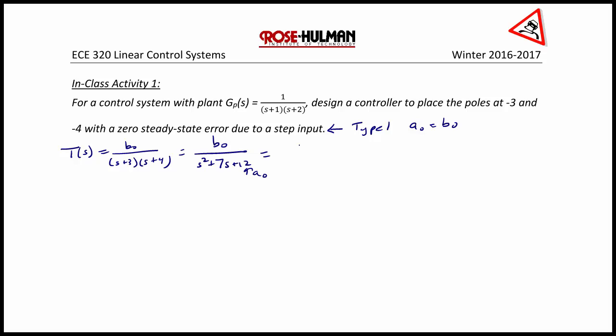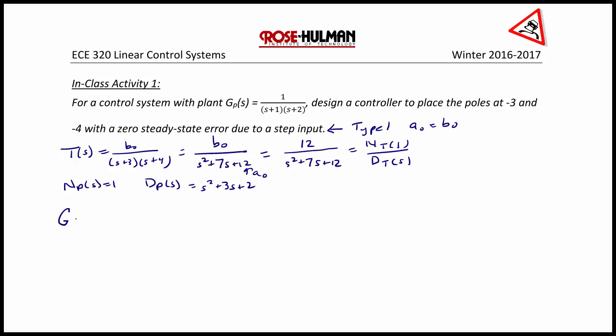So, since A0 must equal B0, the desired closed loop transfer function is 12 over s squared plus 7s plus 12, which is the numerator of T(s) over the denominator of T(s). The numerator of the plant is given in the problem statement, and that's 1. And the denominator of the plant, also given in the problem statement, is s squared plus 3s plus 2.